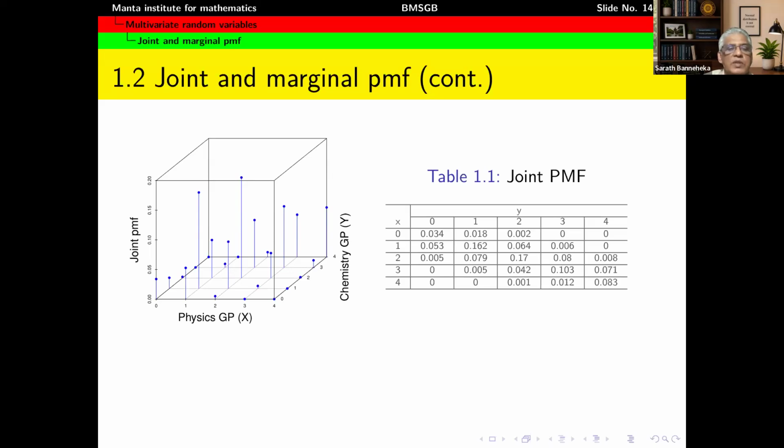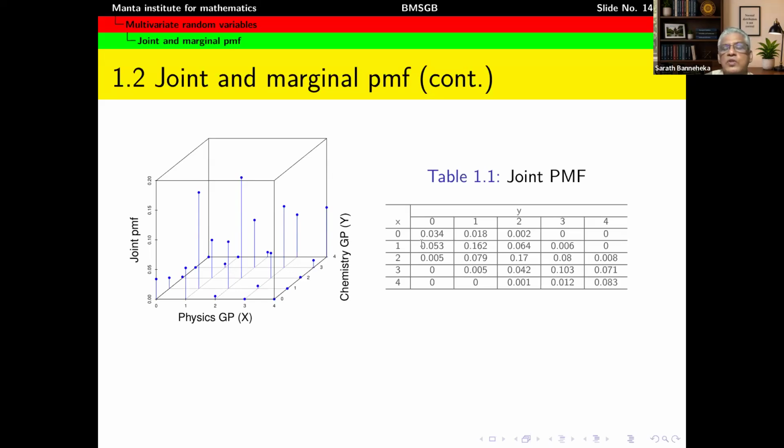Now, there is an interesting thing in this table when you look at it. For example, if you look at those who got a zero GP value for X, that is for physics, there are people who got 0,0, who got 0,1, who got 0,2, who got 0,3, and who got 0,4.